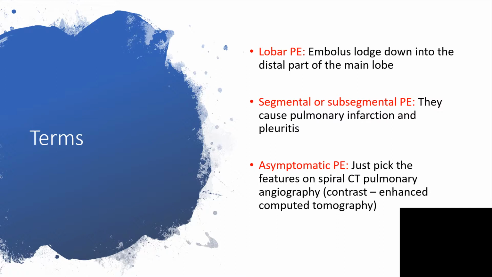That is a contrast enhanced computed tomography. So this person is pretty lucky, okay? No symptoms. You are just doing some routine investigation for another reason, and on spiral CT pulmonary angiography, you are picking the features of pulmonary embolism. Wow, lucky people.